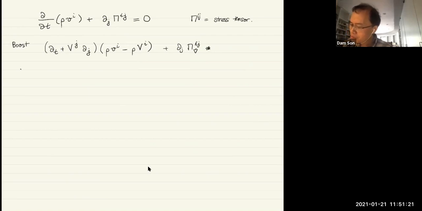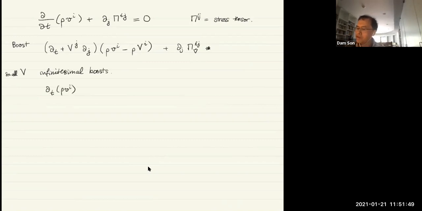So to simplify our calculations, we can just restrict ourselves to small v. So that means infinitesimal boost. And ignore terms of order v squared that we obtained. Keep only terms that have no derivative.